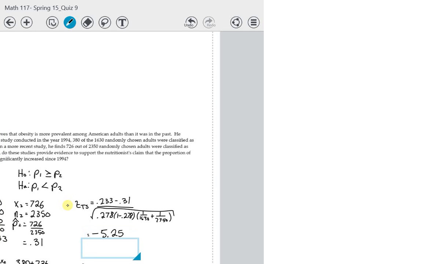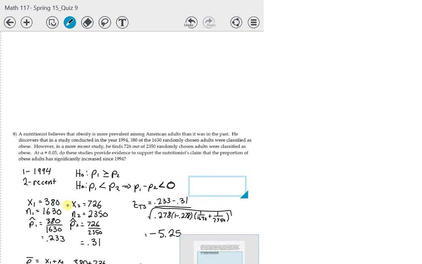Alright, now lastly I need to calculate the p-value. Now we can rearrange this: p1 minus p2 is less than 0. Sometimes it's helpful to rearrange, and so then you see this less than 0 thing and you know that this is a left-sided test. Here's negative 5.25.